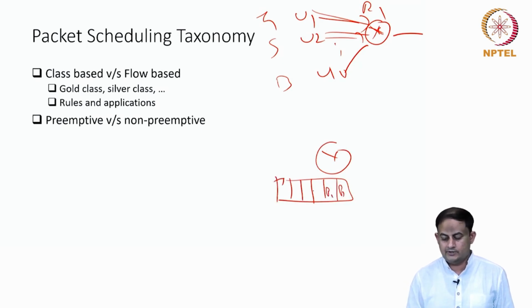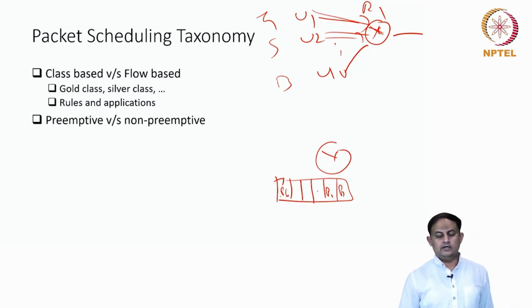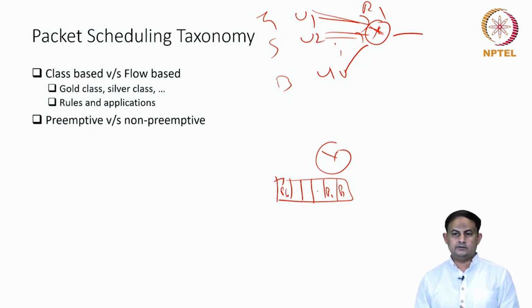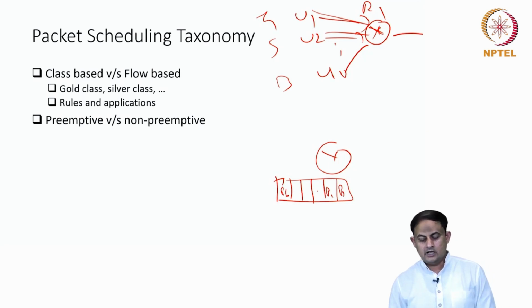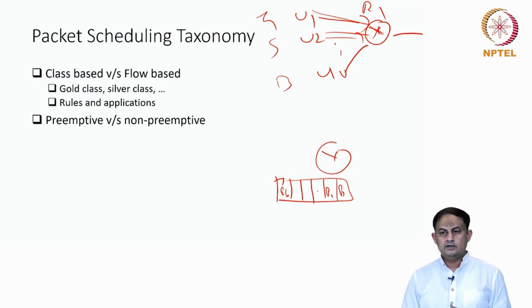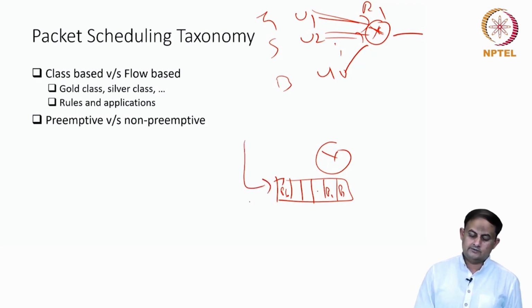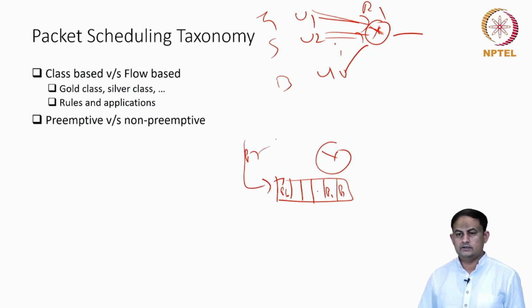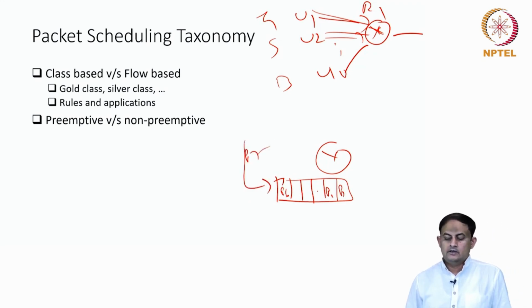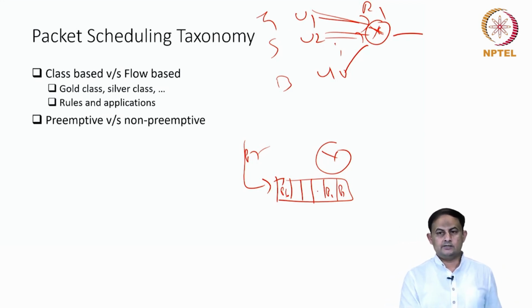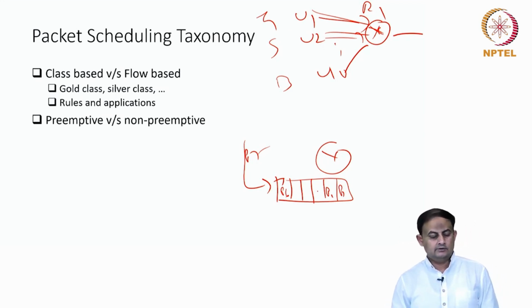Let us say P1, P2, and so on up to P6 are now inside this queue, and let us assume for the sake of discussion that this queue capacity can accommodate only 6 packets and it is already full, and a new packet P7 arrives at the input queue on the line card, and you do not have the capacity to place that P7. Now, it depends on the mechanism how your scheduler is working.